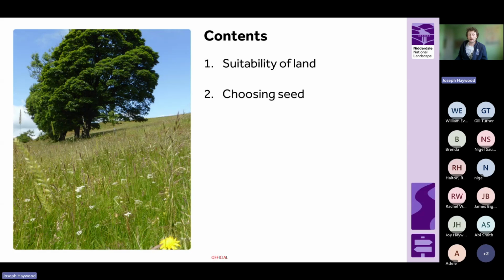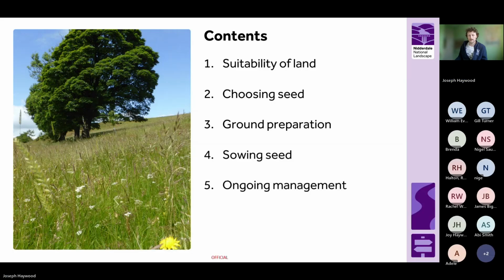Then we're going to learn about the seed you choose. It's very important to choose the right seed for your area. Once we've got all that sorted, we're going to start to prepare the ground on your site. Then we're going to sow the seeds. And then we're going to talk about ongoing management after that first year of restoration, and the importance of monitoring the changes to see whether you're doing a good job or a bad job.